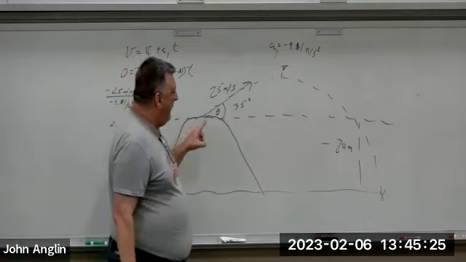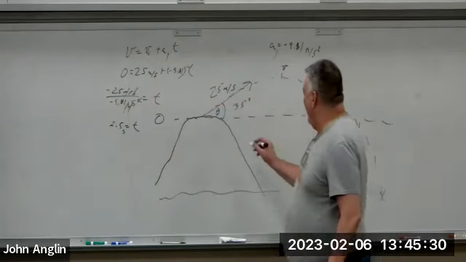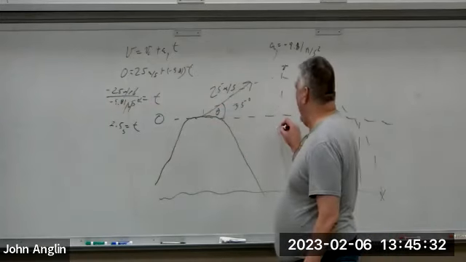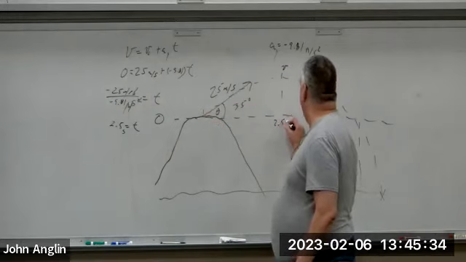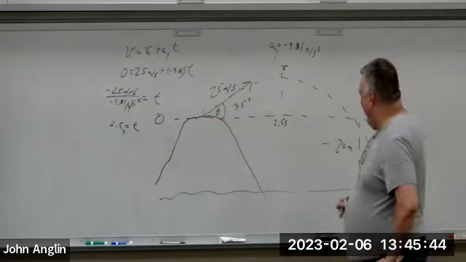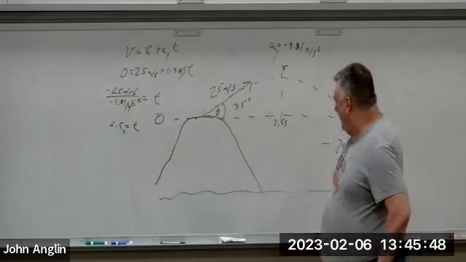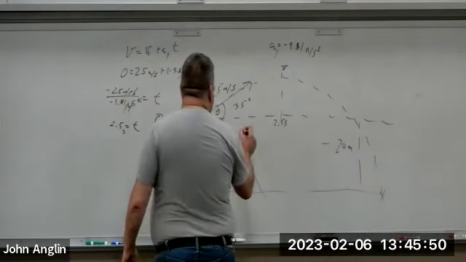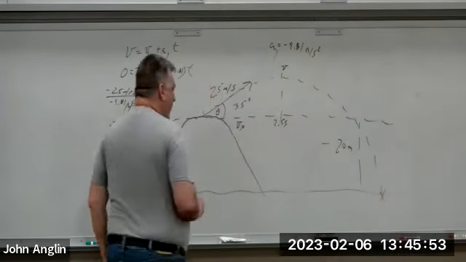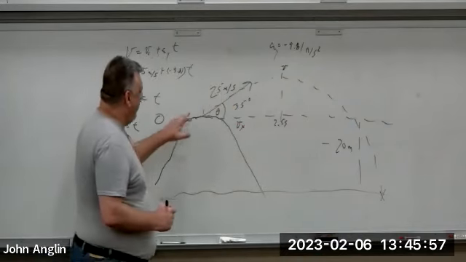So I know the entire time that it takes to get from here to here is 2.5 seconds. That's cool. Well, what happens if I want to know how far this distance is? That's going to be my x component, so I need the x component of this total velocity.